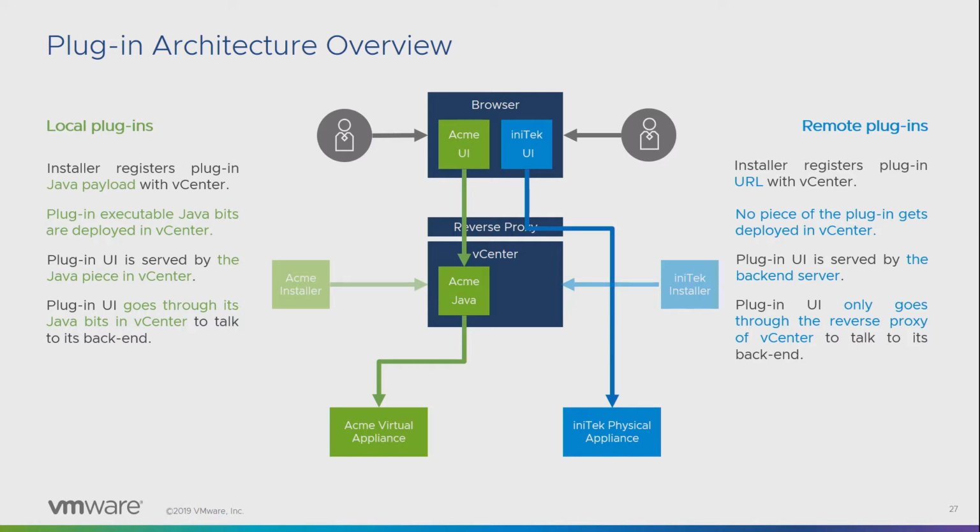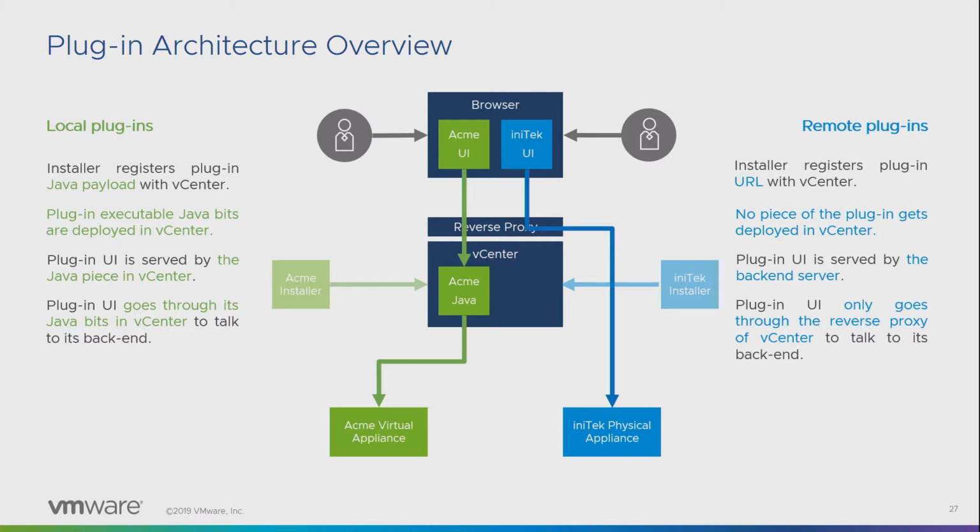So having executable bits inside the vCenter is a stability problem for VMware Cloud on AWS. In addition to that, if there are third-party bits in vCenter, the vCenter upgrade depends on these solutions.